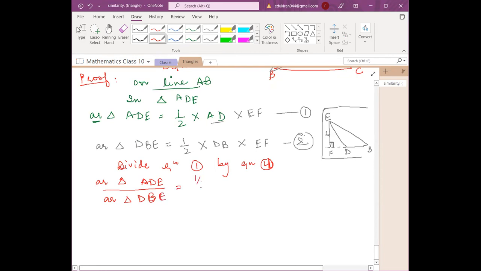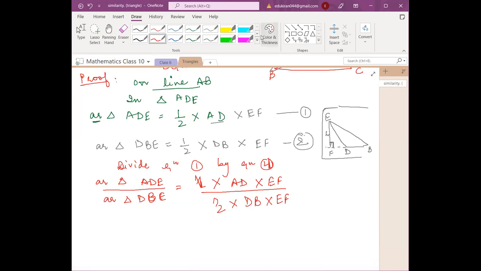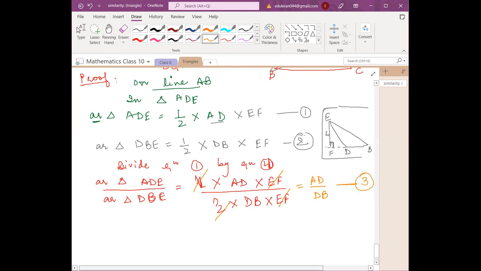This is equal to half into AD into EF divided by half into DB into EF. Clear? Okay. Now this half will cancel out. Similarly, EF cancels out. So what you are left with is only AD upon DB. So this result, let's call it my third equation.